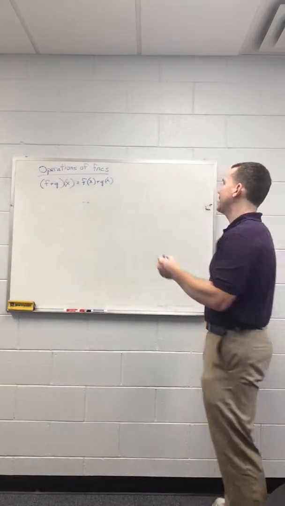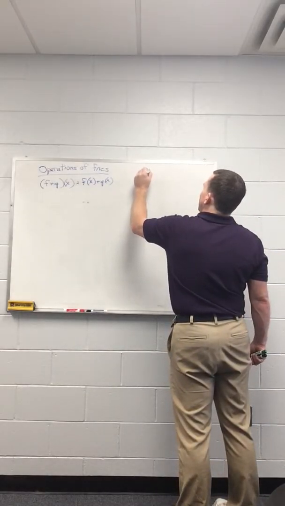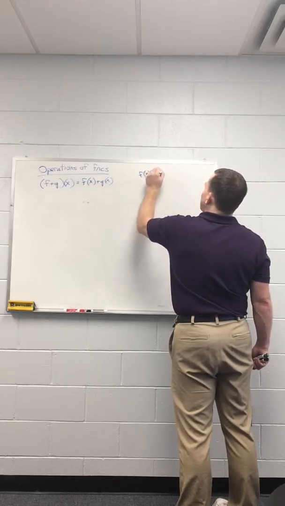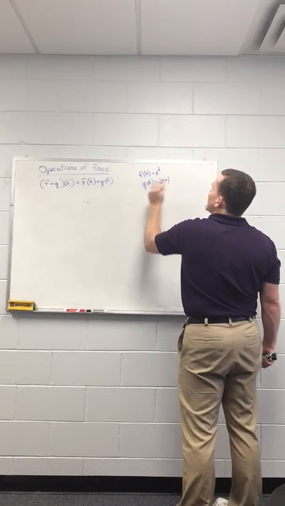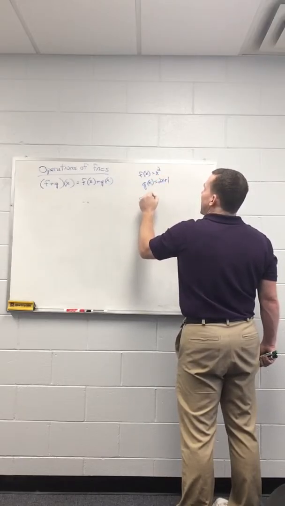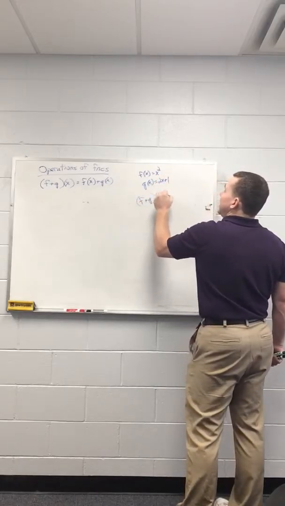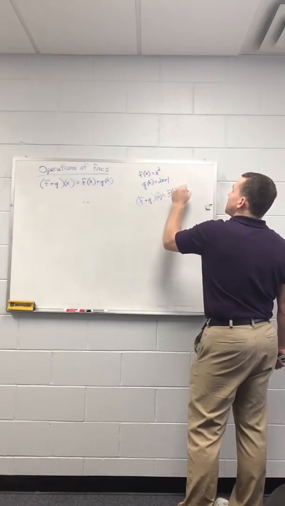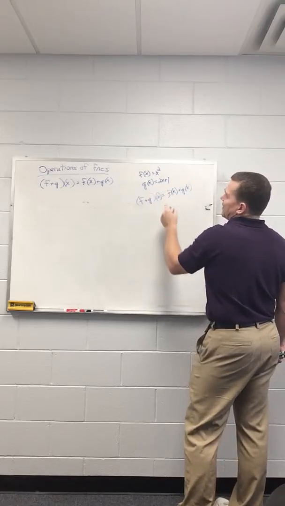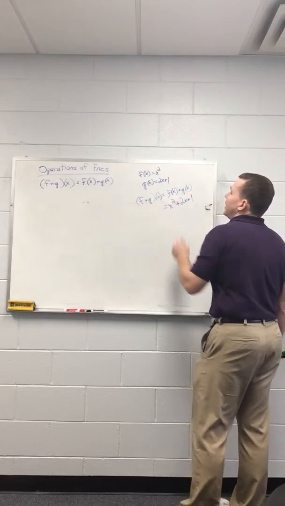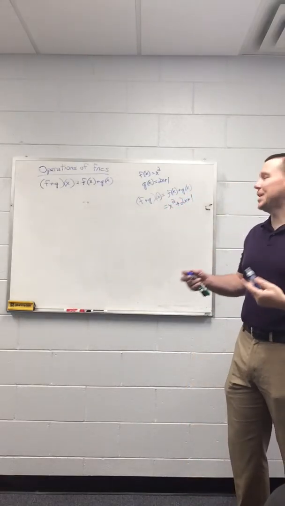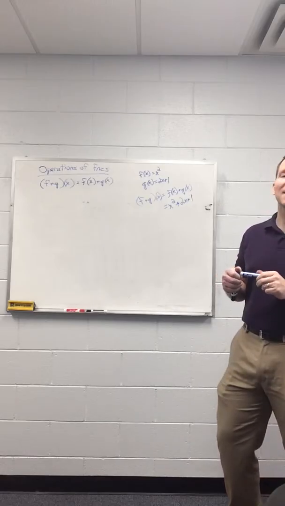So if I want to add the functions f of x equals x squared and g of x equals 2x plus 1, then the sum f plus g of x is just f of x plus g of x, and I can substitute in x squared plus 2x plus 1. So I'm not really changing anything or doing any really complex math.